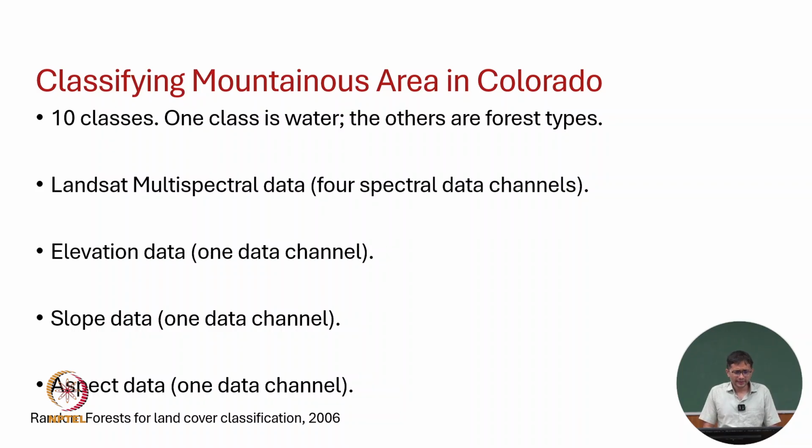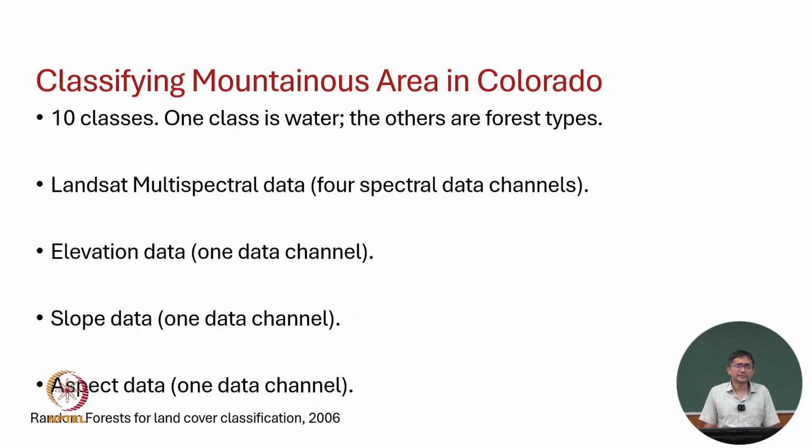One example, again, the particular works are cited in the footnote. If you are curious, you can look them up. This particular work is from 2006, where what is done is classification of a mountainous area in Colorado. 10 classes were considered.